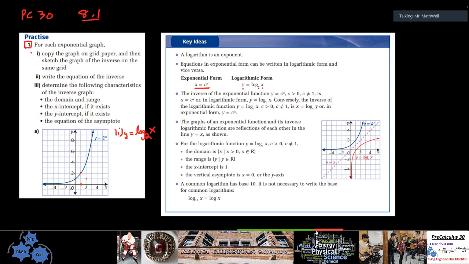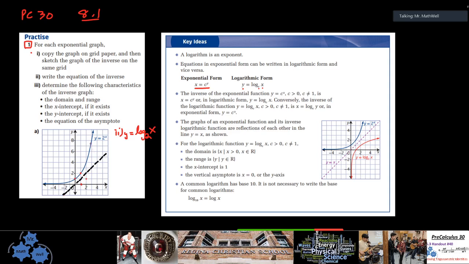And so what you end up having is, if you remember, this y equals x line right here that is the reflection line. It's like the mirror. And the graphs are reflected in this line. So notice that we're about half a square away from the line here. So this one is half a square away as well, same distance.